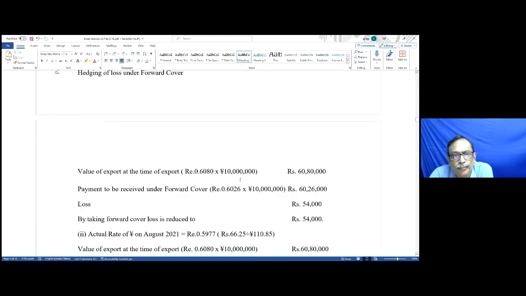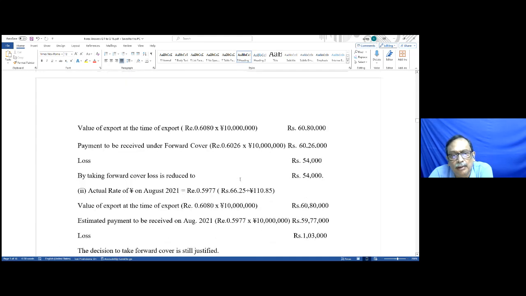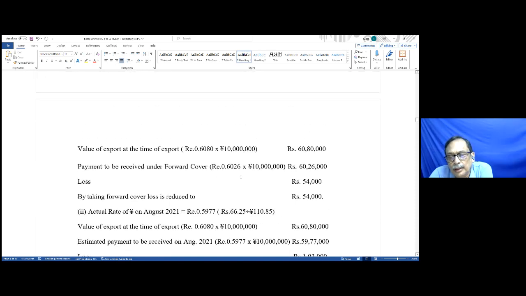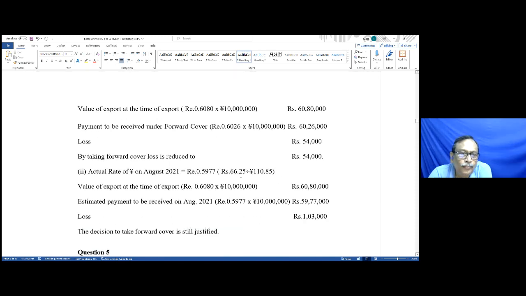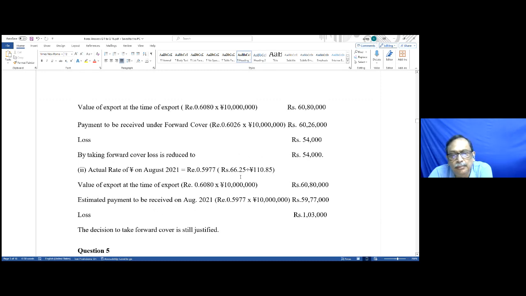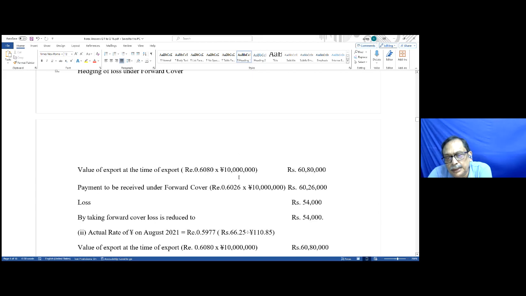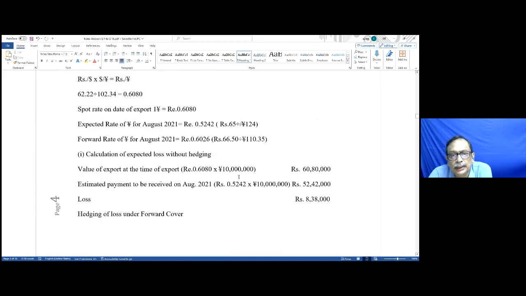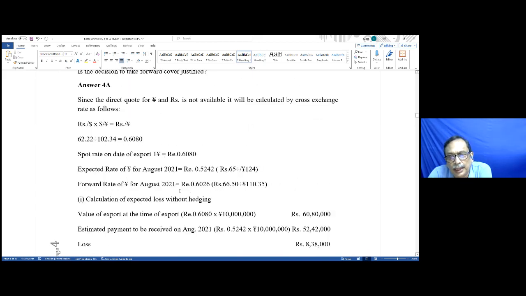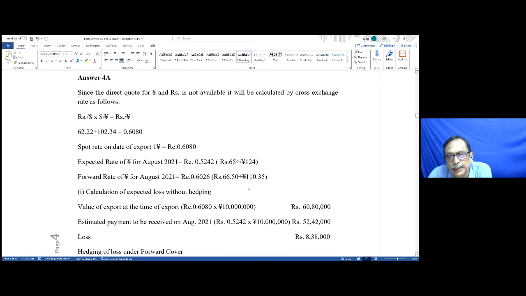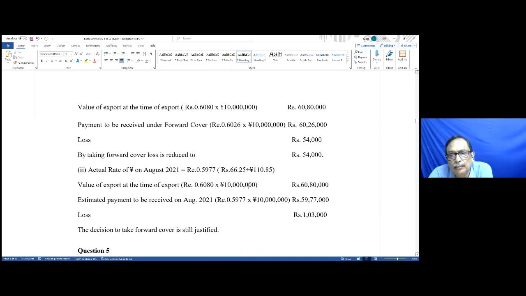Okay, so what we are having, value of export at the time of export, 60 lakhs 80,000. Then payment to be received under forward cover, that is the forward rate 0.6026 multiplied by total amount of yen.